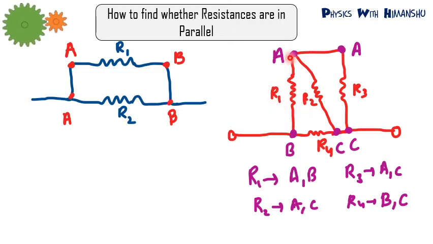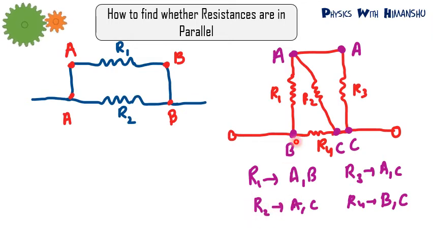On one side put A, on the other side put B. If this point is A, then from this point to this point there is no resistance, no battery, no switch, so this point will be A. Now this point will be B, but coming from here to this point there is a resistance in between. So this point is C, and this point will also be C because there is nothing between these two points. So across R1 we have A and B.